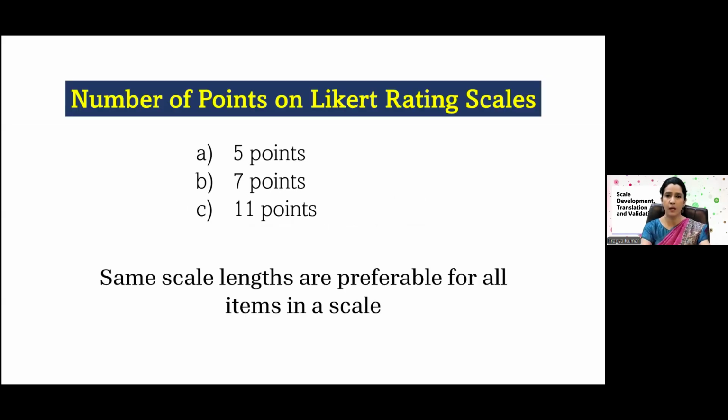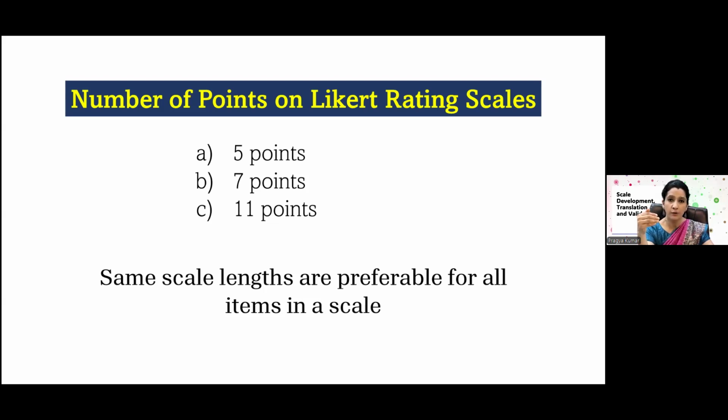So there are various rating numbers in the Likert scale. There can be a 5-point Likert scale. You must have seen there is a 7-point Likert scale also, and you can have an 11-point Likert scale also. So these 5, 7, and 11 points, the same scale length is preferable for all items in a scale.